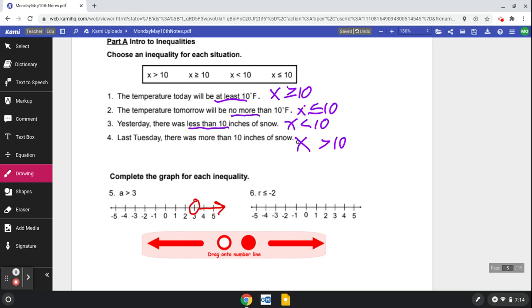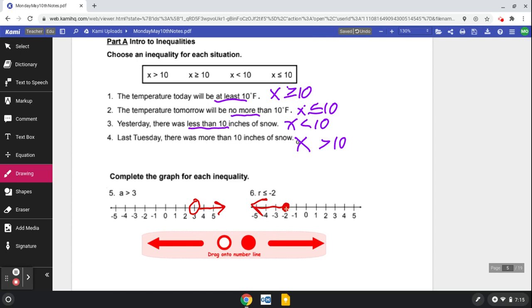Anything greater than 3 is part of our solution set. Next, r is less than or equal to negative 2. We find negative 2, and because it has that little line underneath, we include negative 2 as our solution. Negative 2 is a possibility.